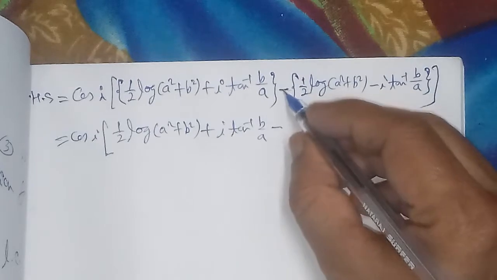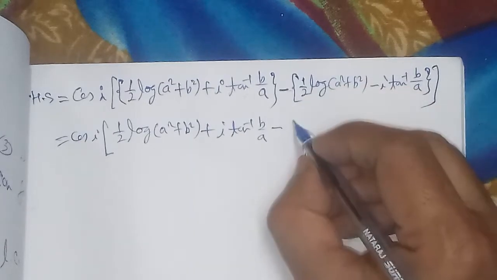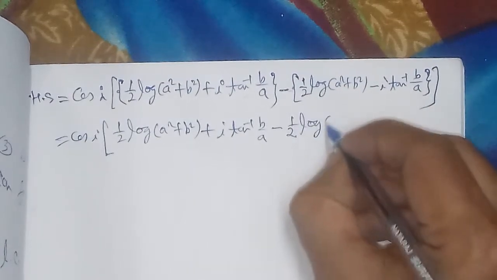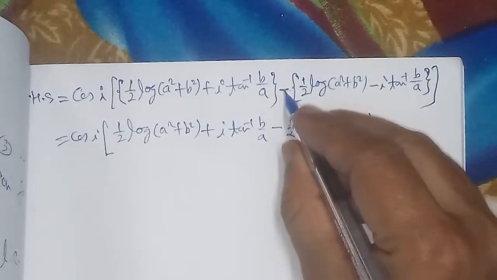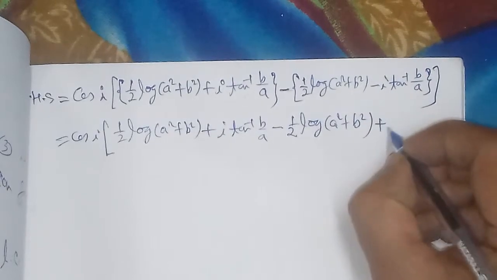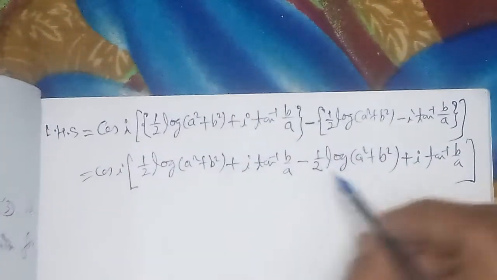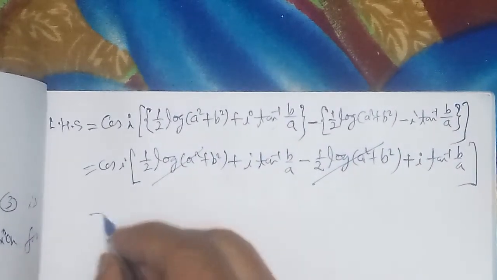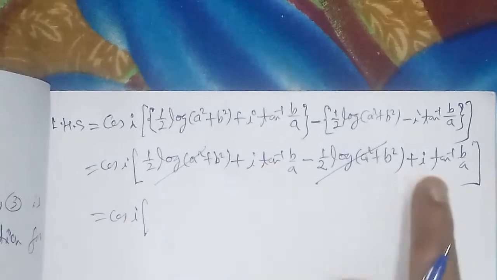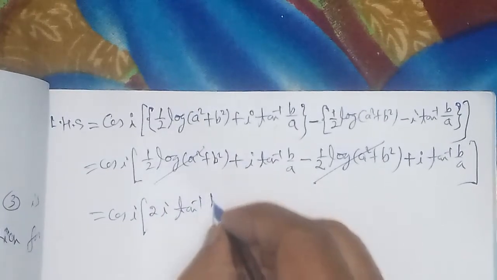So this becomes negative 1/2 log of (a² + b²), and minus multiplied by minus, we get plus i times tan inverse b upon a. Now we see these values are positive and negative but equal, so we cancel out these two values, and again we see these two values are equal. So we write 2 times i tan inverse b upon a.